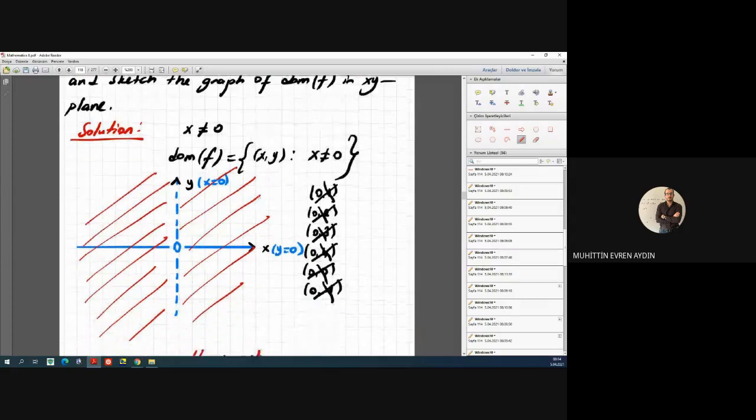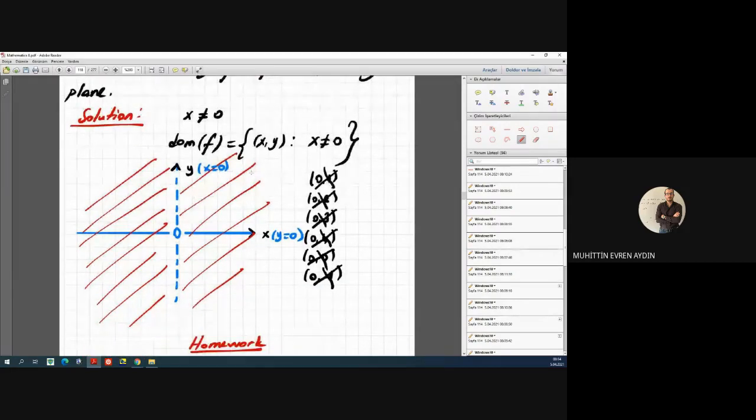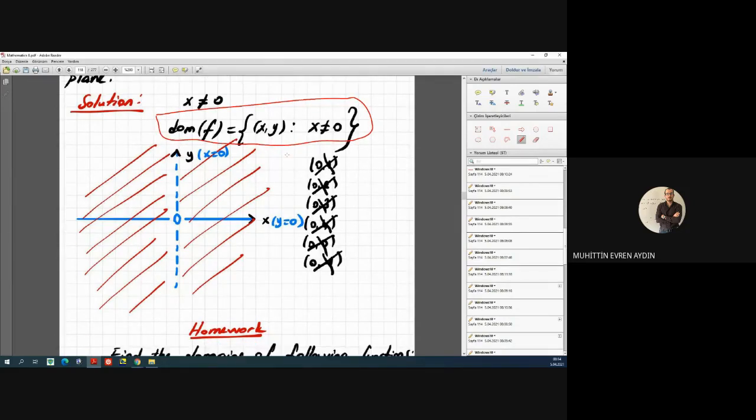Then our solution is this set, and we may show it in the xy plane R2. All points except the y-axis.